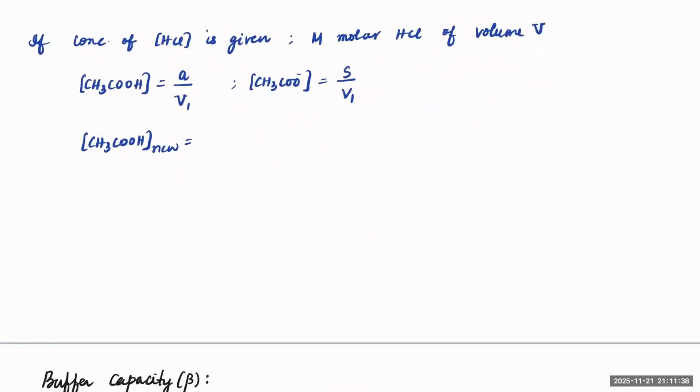So the new acid concentration will be equal to the number of moles, which is A moles minus M into V, these are the number of moles of HCl, divided by the total volume, which is V1 plus V, correct? This will be the case.